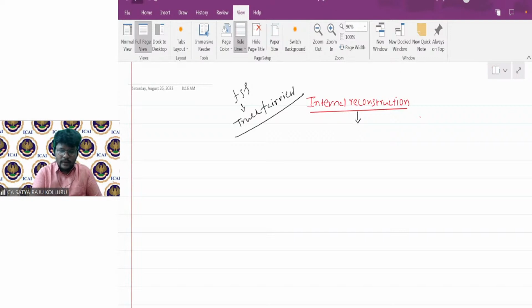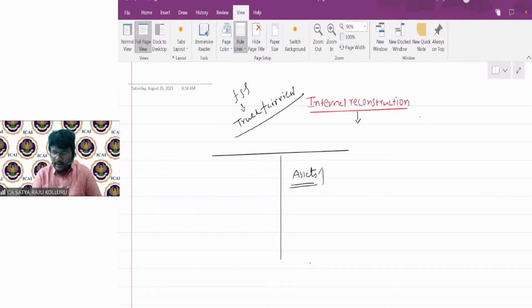I told you that in a particular balance sheet, there are some assets which may be shown at higher valuations compared with their market values or their real worth. Most of the time, these are intangible assets.